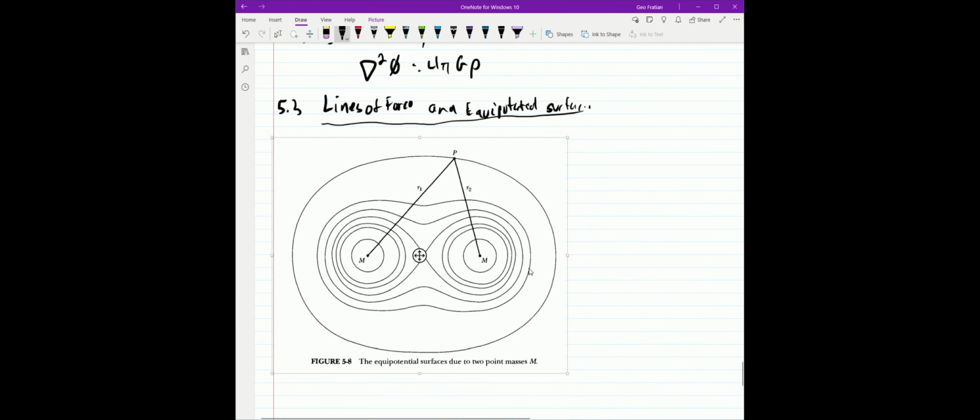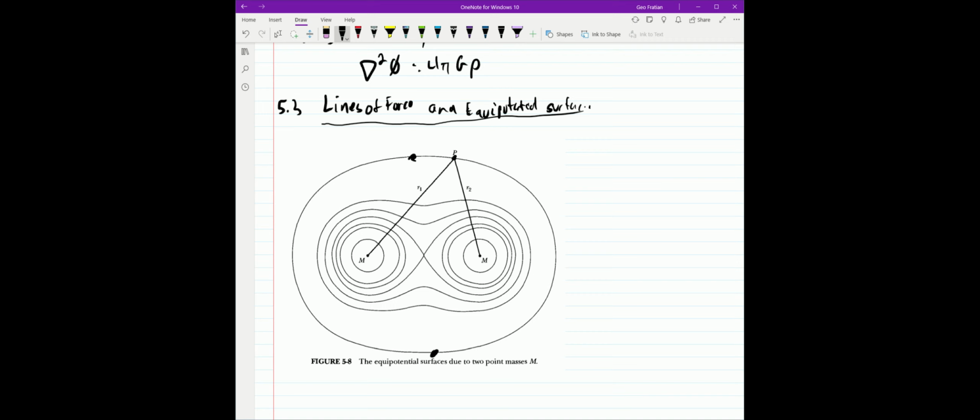So here we have two masses, and we have some arbitrary point P with two different vectors. These lines denote a place where the potential is equal. Along all these lines, like this point and this point, the potentials are the same. Same with this point, and so forth.